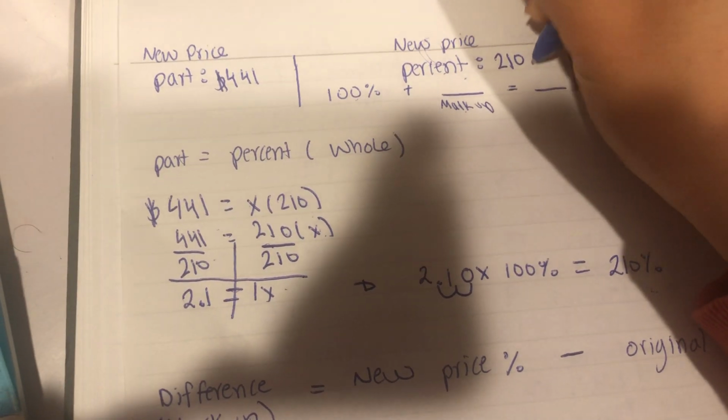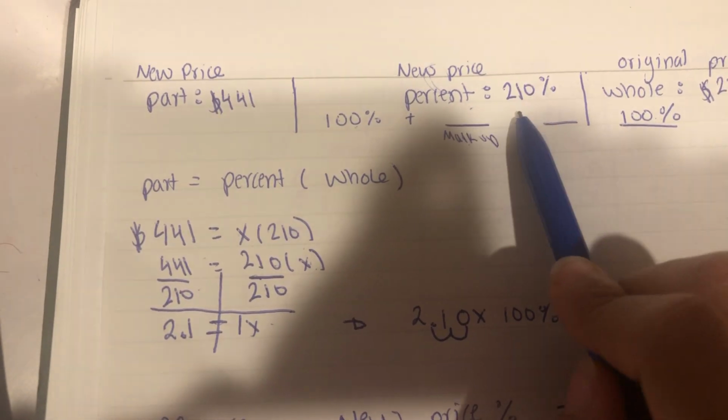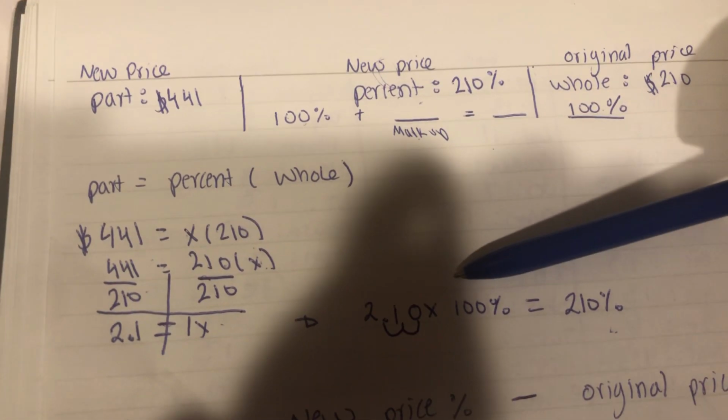And if it was double the original price, that would be 200%. So 210% makes sense.